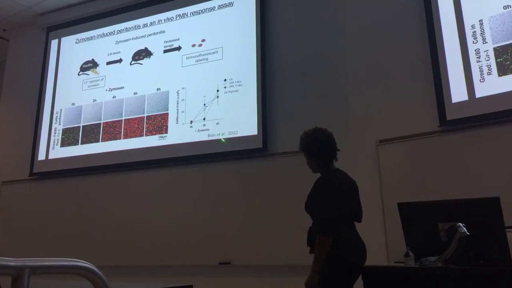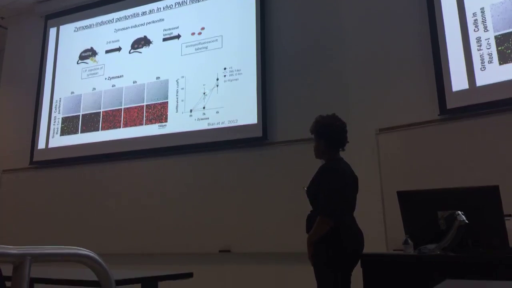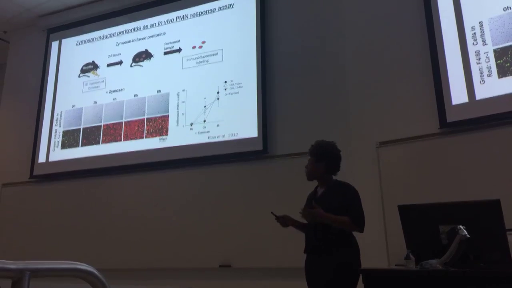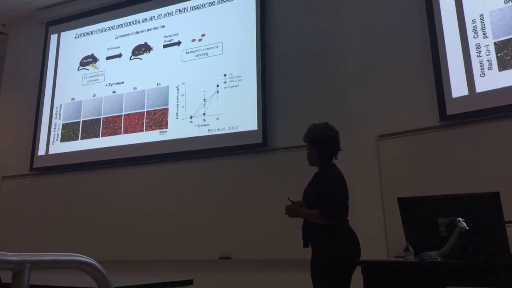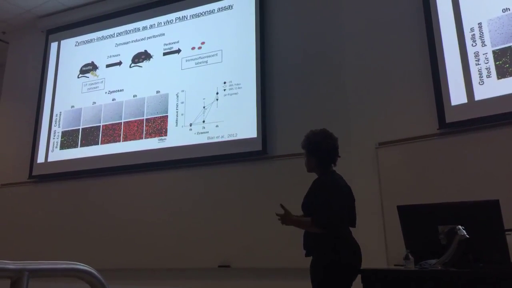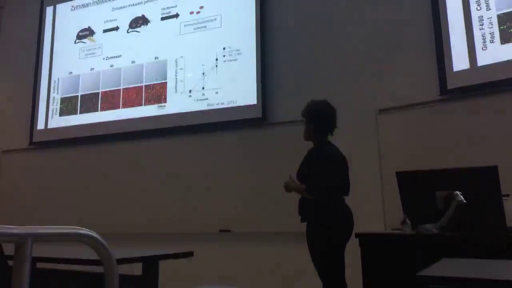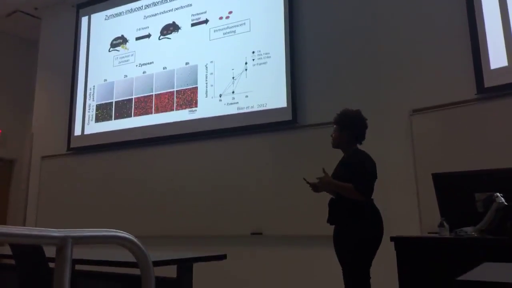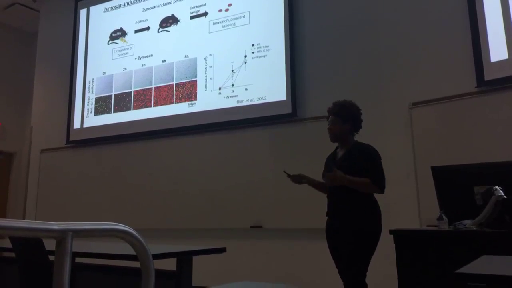But in their DSS model, when DSS mice were injected with zymosan, they found that these cells demonstrated enhanced responses, arriving mostly, about 80% of cells arriving in the peritoneum at 2 hours when compared to those healthy cells that arrived at 4 hours. So when they got this result, they wanted to figure out if this was a result of the environment or if these cells are actually changed functionally so that they arrive earlier.